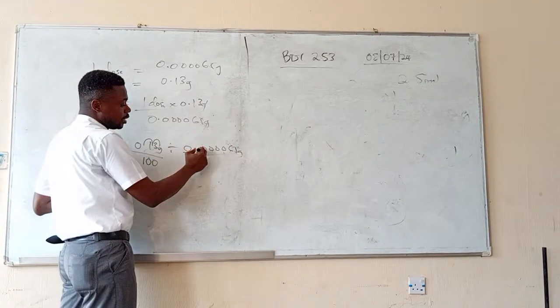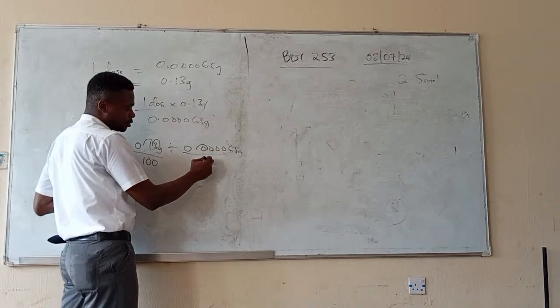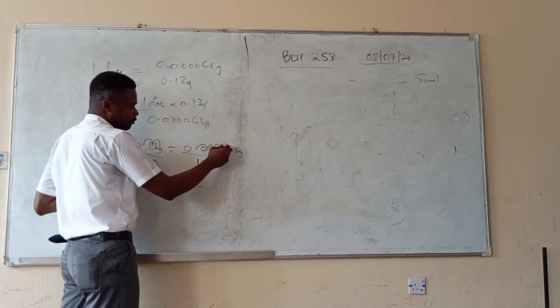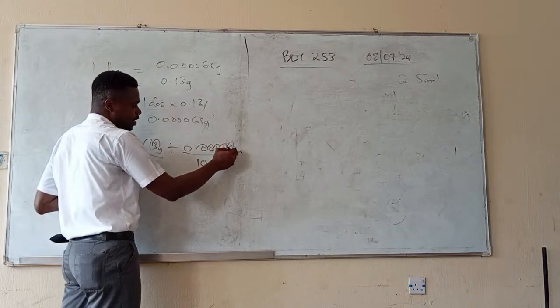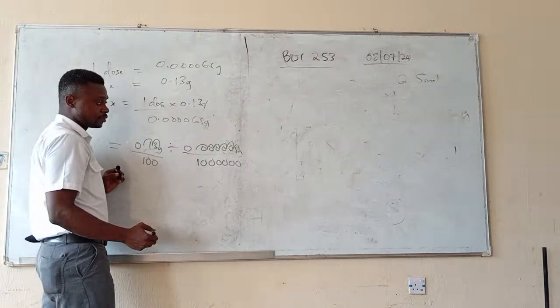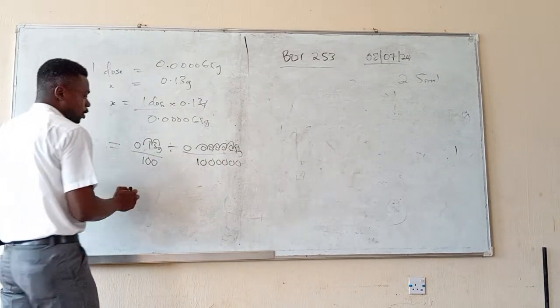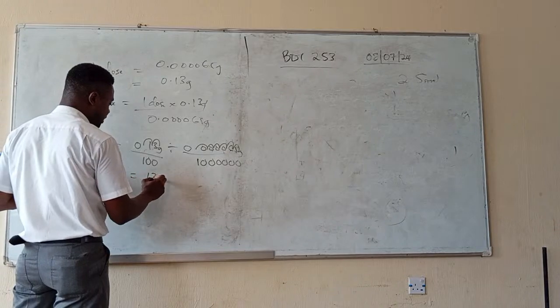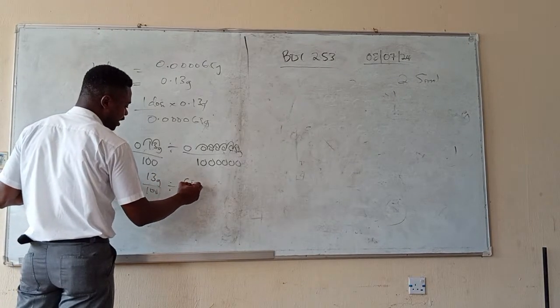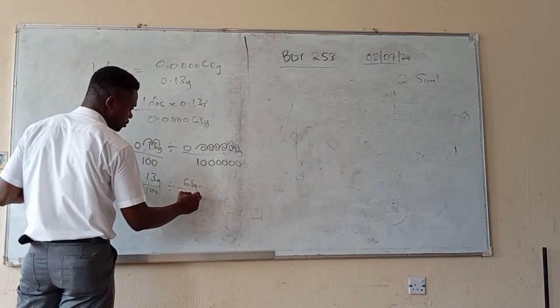Now this is 13 over 100, divided by 65 over 1 million.